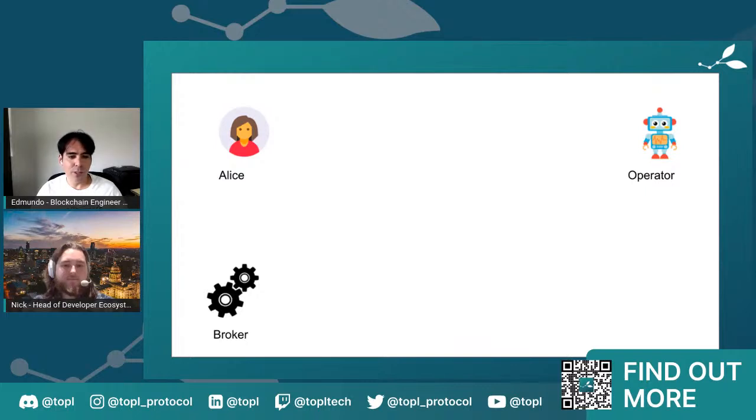And then we have the broker, another piece of software that will intercept some of the contracts happening in the DAML server. When it sees those contracts, it will do something on the Topple blockchain, for example, mint an asset. Then after the asset is minted, it will be transferred, for example, to Alice's wallet.